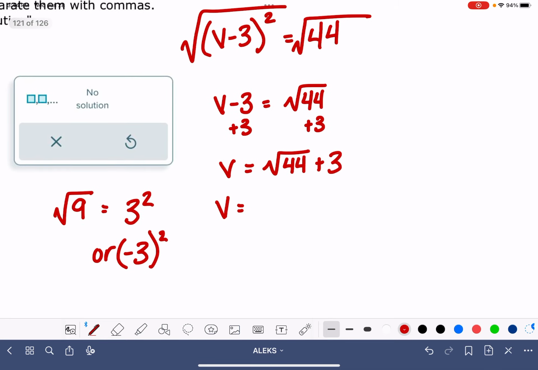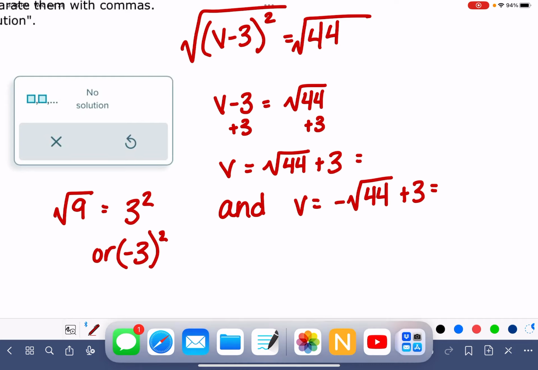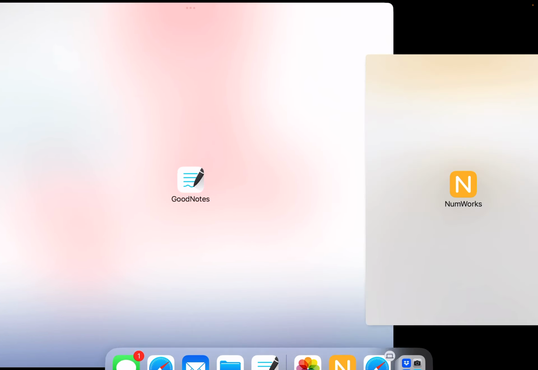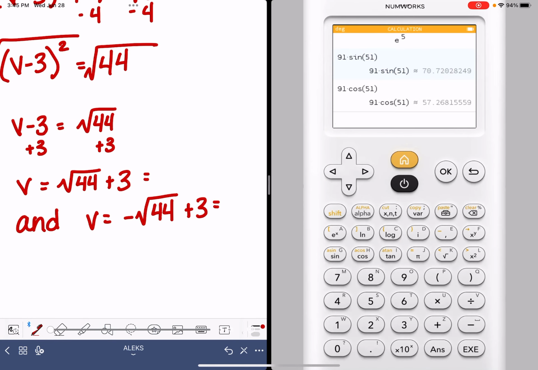So we have to keep in mind that there are two solutions to this problem, the square root of 44 plus 3, and also the negative square root of 44 plus 3. And we're going to calculate to the nearest hundredth, I believe it said, the answers to each one of these.